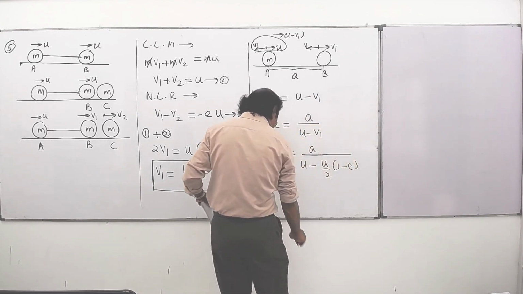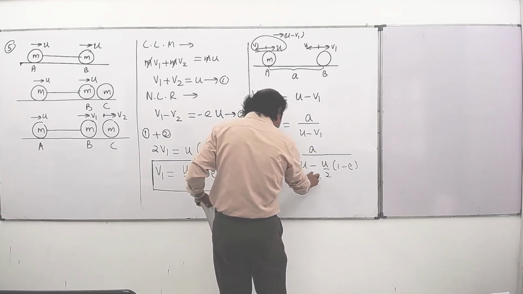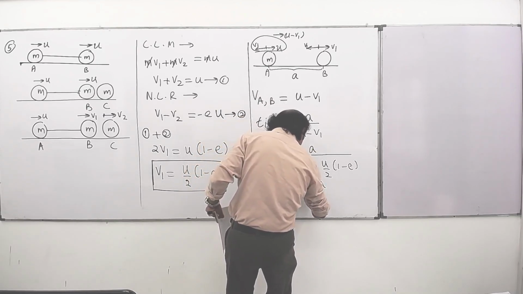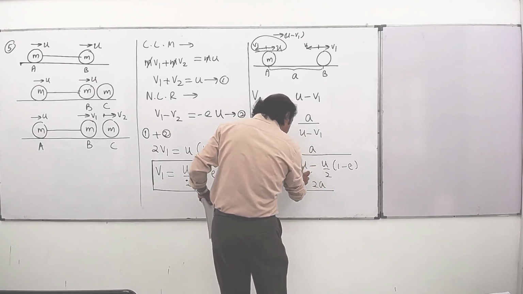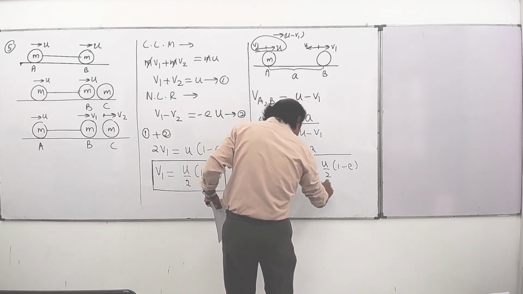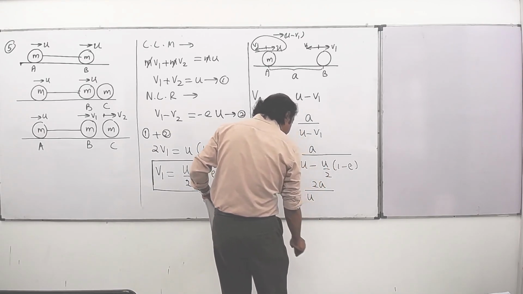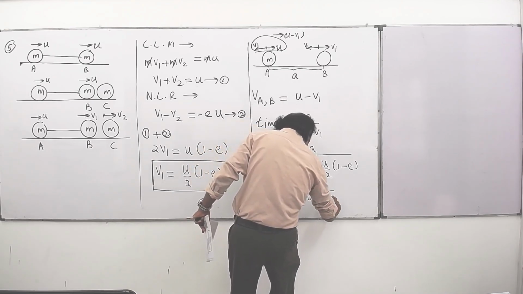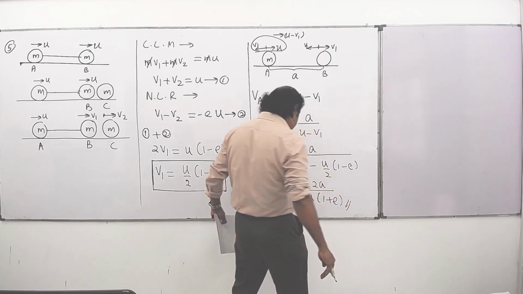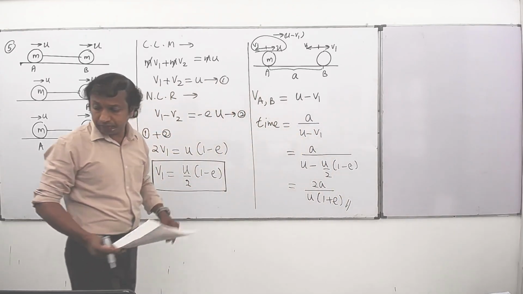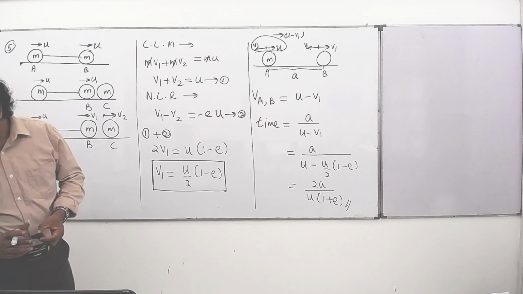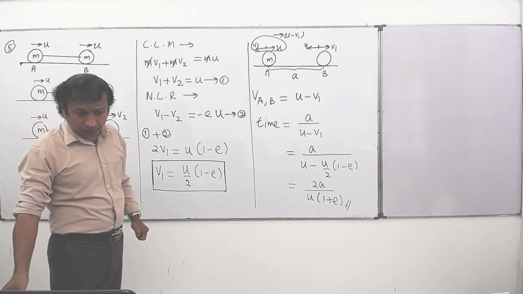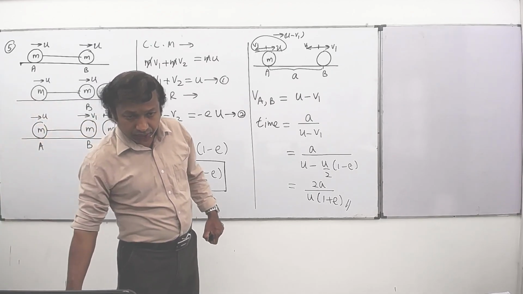Then simplify this: multiply the numerator and denominator by 2, we get 2a divided by 2u minus u, which is u, plus e. Then take that u out, then we get 1 plus e. This way we can find that time. Understood? Right. Okay.